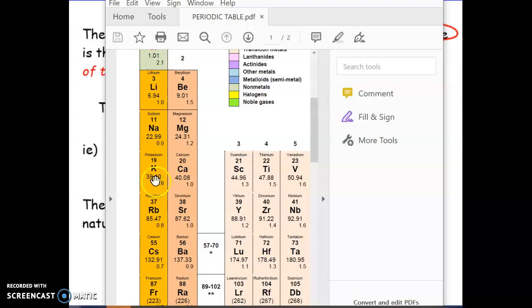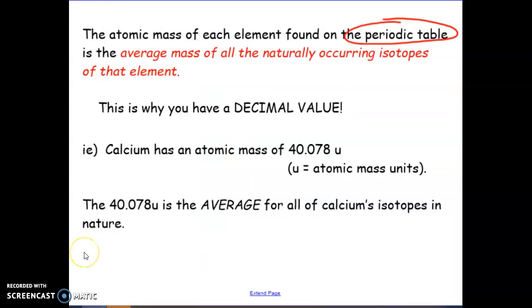You're simply looking at the average to consider which one it is. So calcium, for example, has an atomic mass of 40.078 atomic mass units. So this is an average for all of calcium's isotopes. But obviously by looking at this, the most common isotope is going to be calcium 40, just by basing it on the average number.